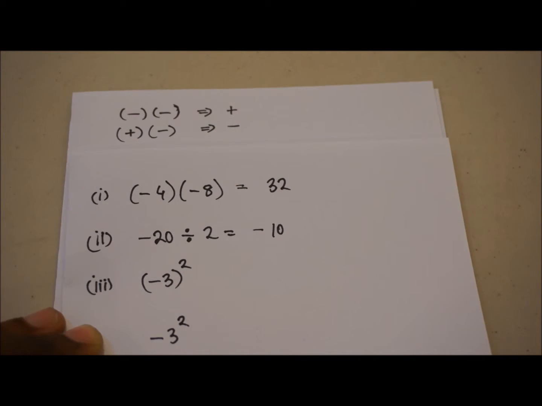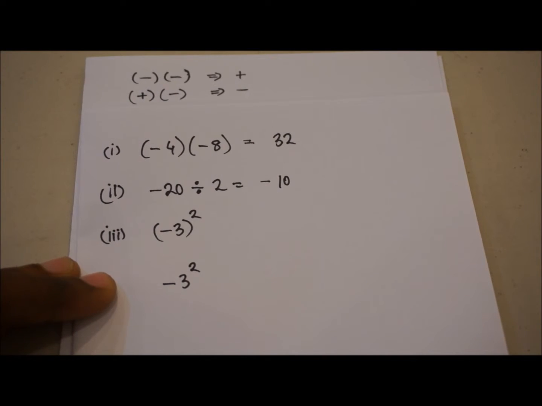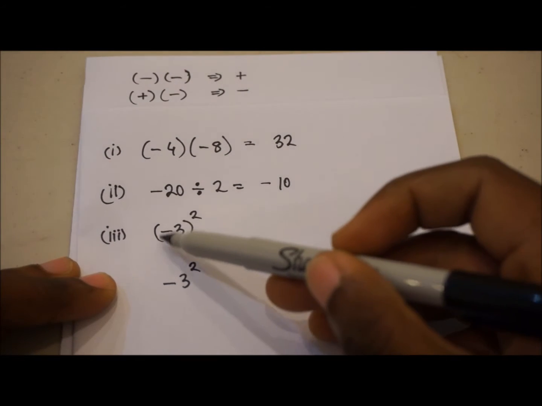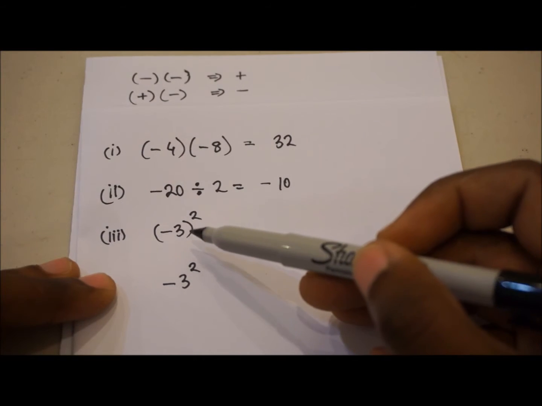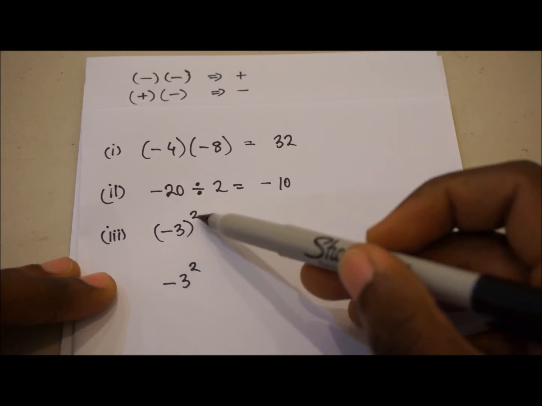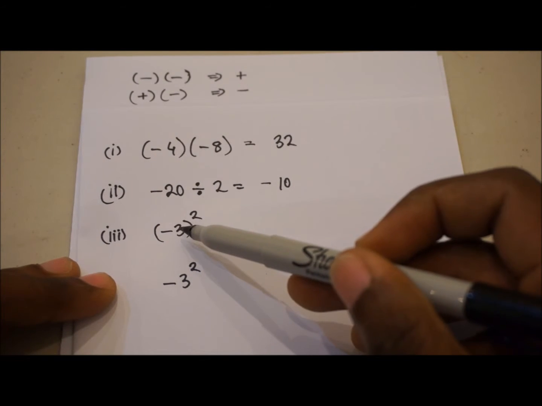Remember that an exponent means that we are taking that number, the base, and multiplying it based on the numbers that we have here. So (-3) to the power of 2 means -3 times -3. Notice the brackets. The brackets mean that the exponent 2 is on the entire -3.